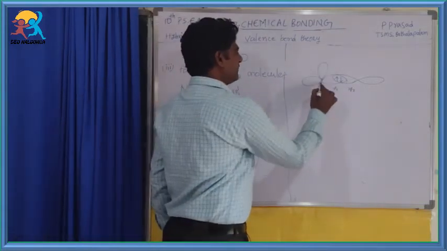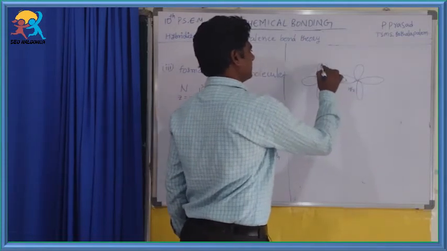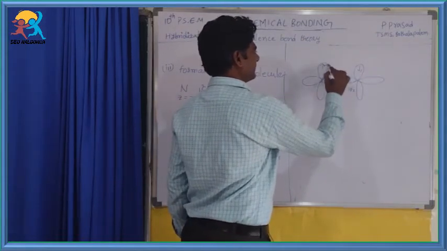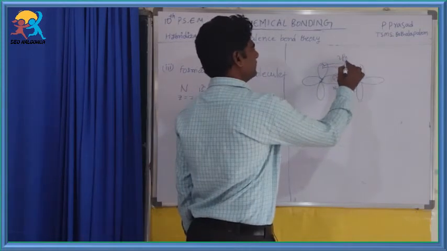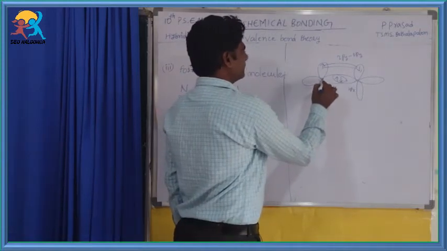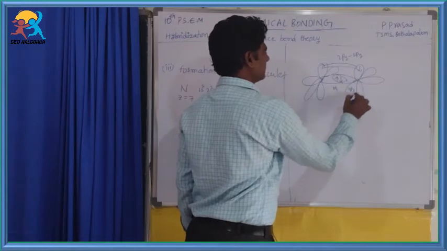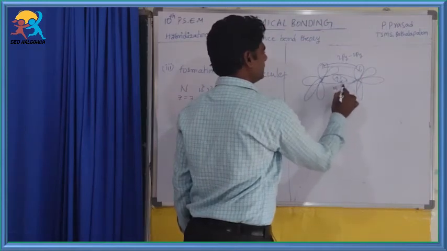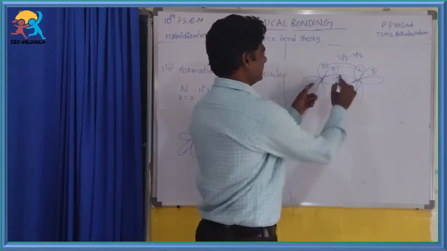But in the case of 2py, which type of overlapping is possible? Sidewise overlapping is possible. This is called 2py overlapping. For 2pz, sidewise overlapping is also possible.